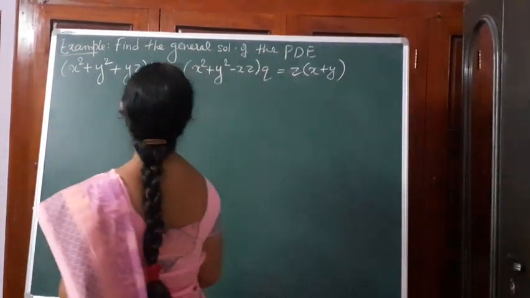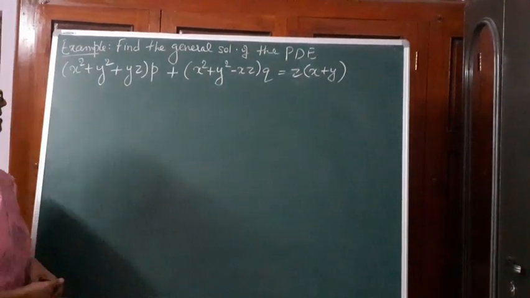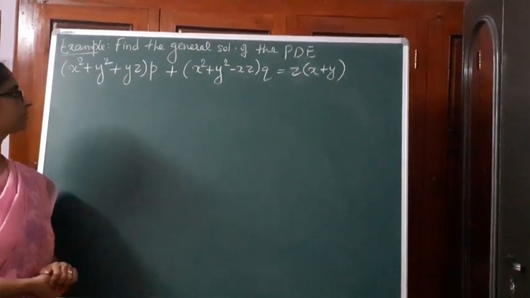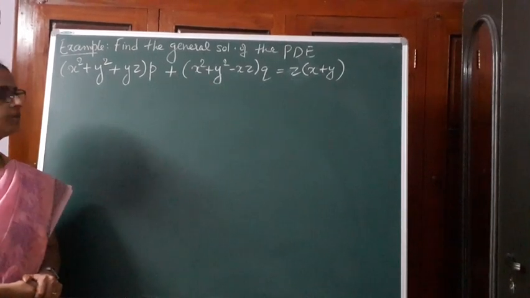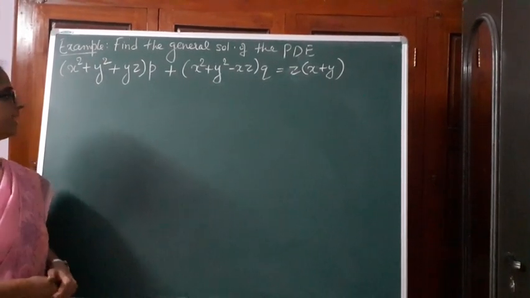Find the general solution of the PDE (x square plus y square plus yz) into p plus (x square plus y square minus xz) into q is equal to z into (x plus y).